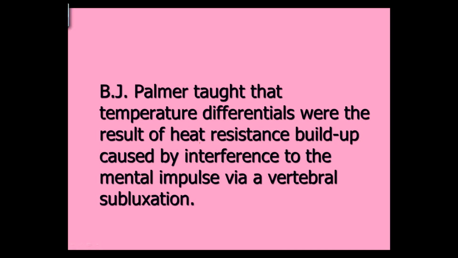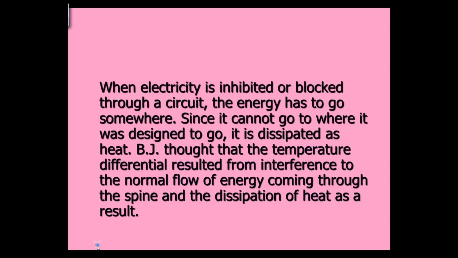B.J. Palmer taught that the temperature differentials were a result of heat resistance buildup causing interference to the mental impulse via subluxation. And so originally we used a neurocalometer, which was to see the deflection of an increase in heat at a certain area. Later B.J. Palmer determined that it was more important to see the pattern of interference.